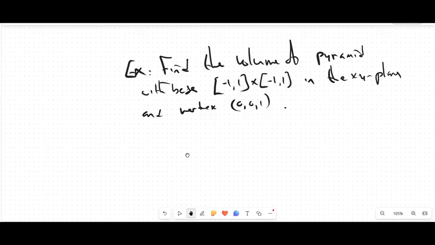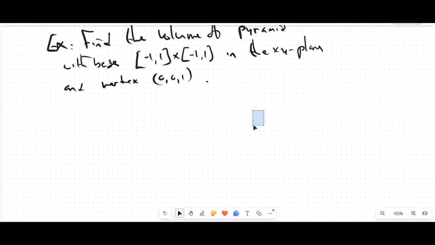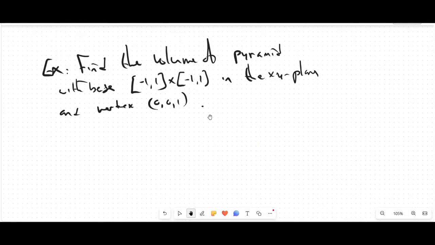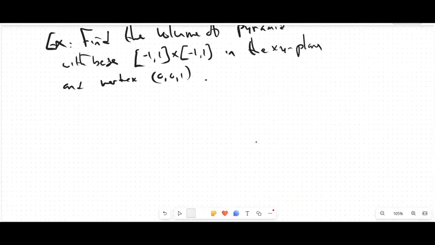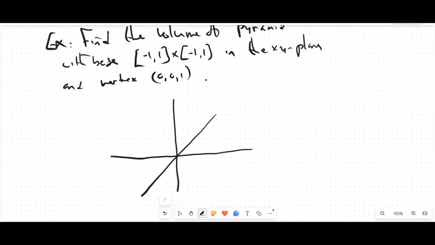Yet again, the joy and the tragedy and the pain, the misery is to convert what is given as a description into a picture. Let's try and do this. All right. What's the base? -1 to 1 in each direction. That's a big square.